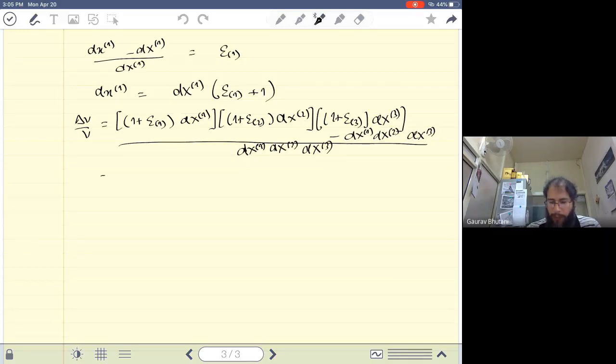Okay, now we simply have to open the brackets, and when we do that, let's write that. We'll take d capital X1, d capital X2, and d capital X3 common. So they come from these terms.